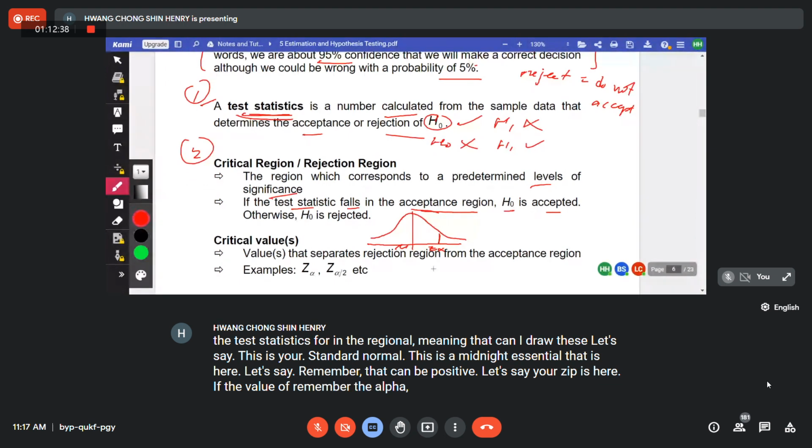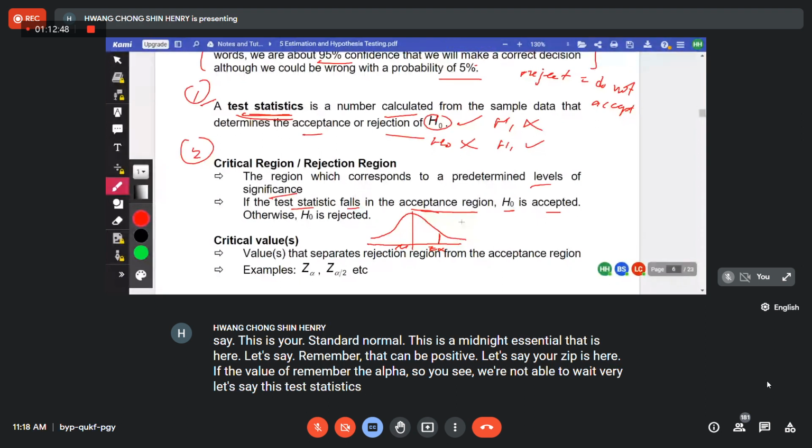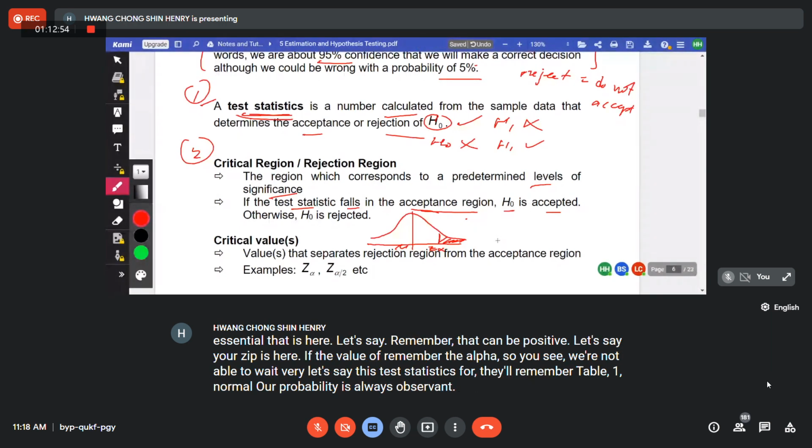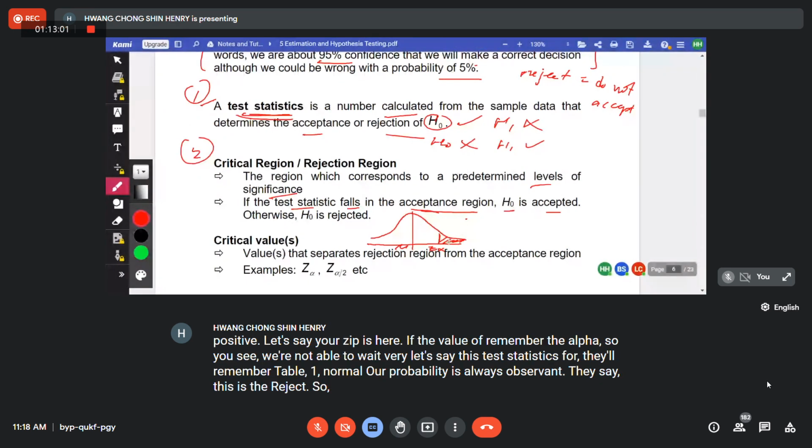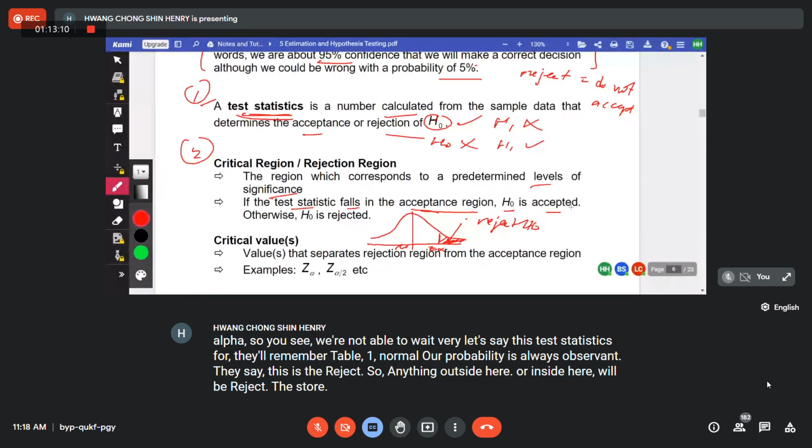Remember the alpha? So you've seen the log table 2, right? The Z value. Let's say this test statistics falls. Do you remember table 1 normal? Our probability is always outside 1. Let's say this is the reject. Anything outside here or inside here will be reject H0.